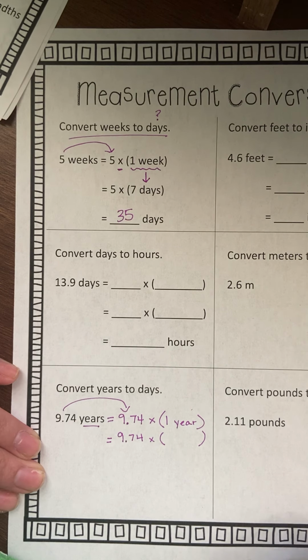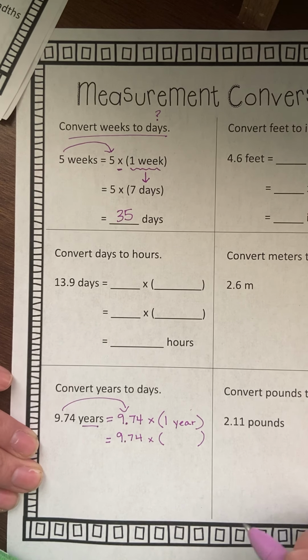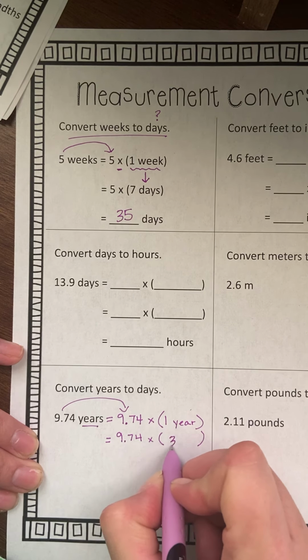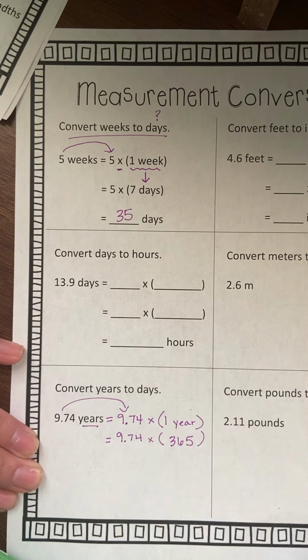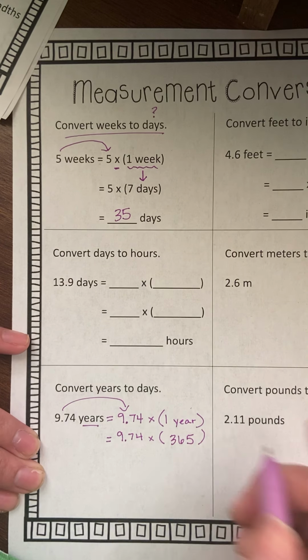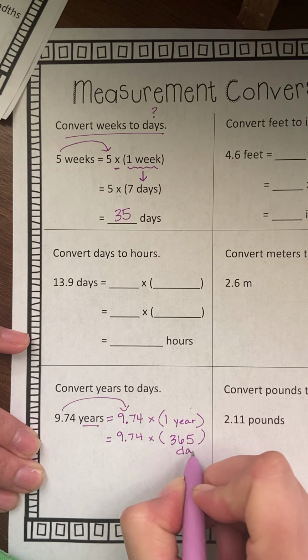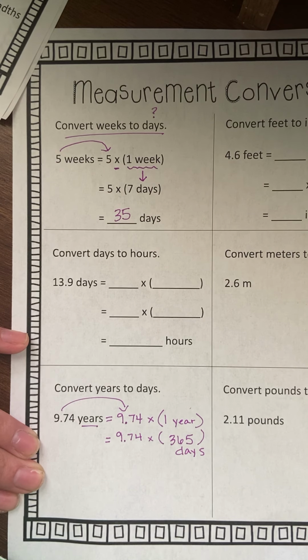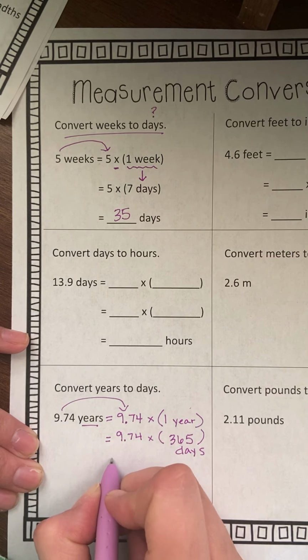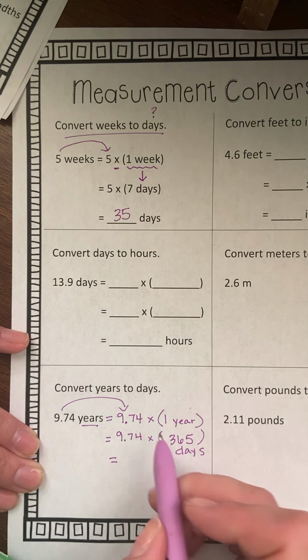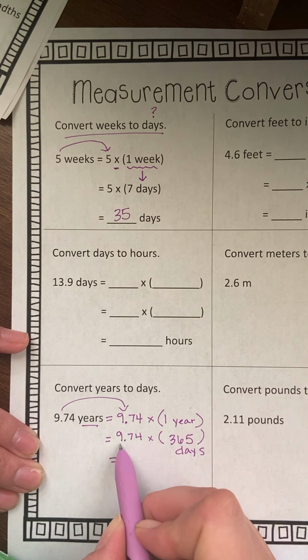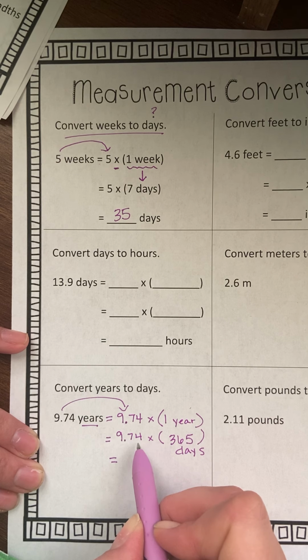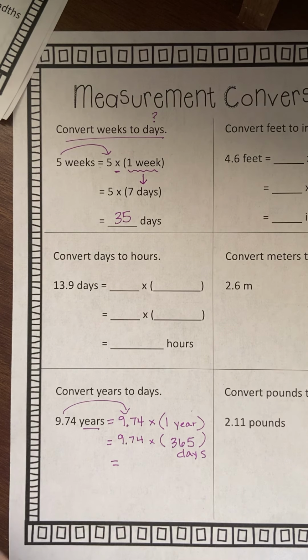Okay, so unless it's a leap year, there are 365 days in a year. And I should write my unit here, days. Okay, so now I'm going to do my math here. 365 times 9 and 74/100. Oh boy, let's see here.